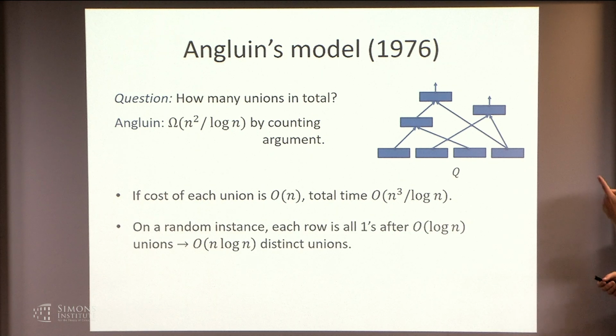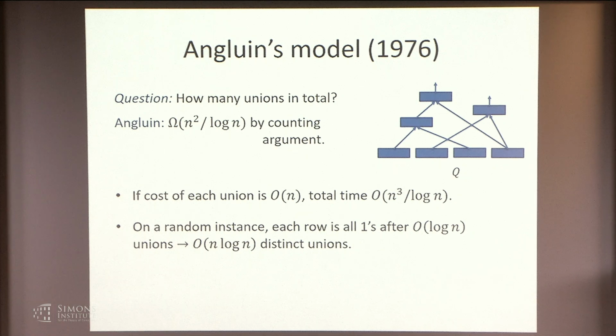Let me remind you, I didn't say it, but Angluin's lower bound is obtained just by a simple counting argument. If you count how many such circuits you have and how many different matrices there are, you immediately get that a random matrix is going to require n squared over log n gates.